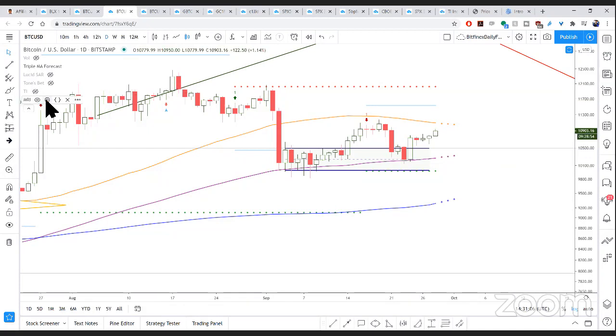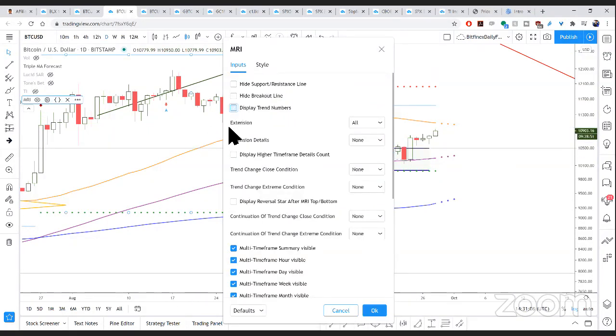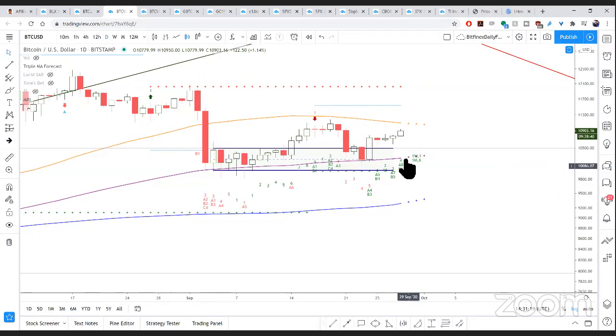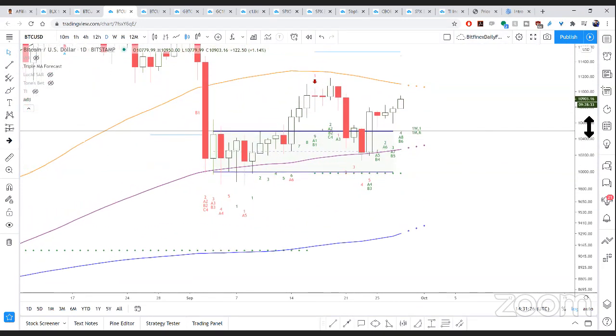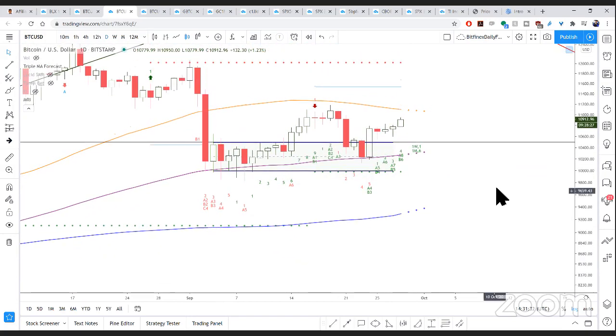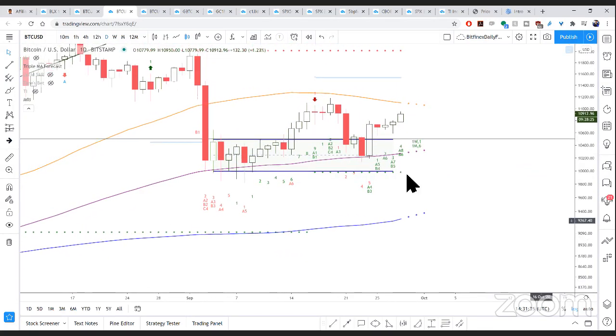Like I said, you can always turn on the details here, here, and here, whatever details you need on the MRI, and you'll see it all right there. Okay, see the trend count, you see the extension counts, and you see the higher level time frame counts, the weekly and the monthly. The daily doesn't show up because we're looking at the daily. So there you go. So those are your details.